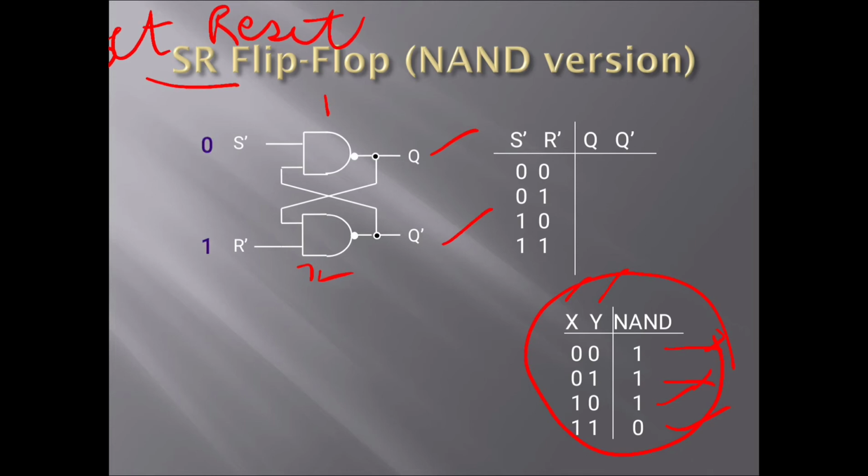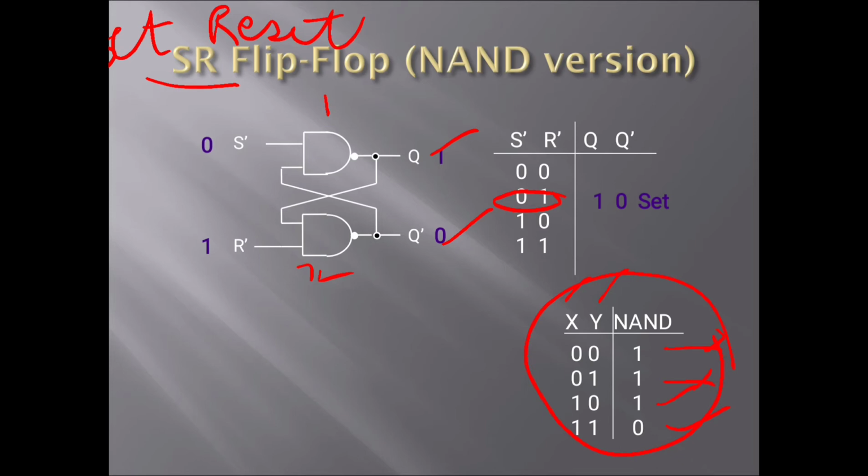When S and R have values 0 and 1, and we assume the value of Q is 1, then the value of Q complement is 0. What will be the next state of Q and Q complement?